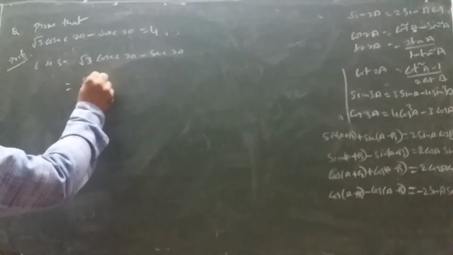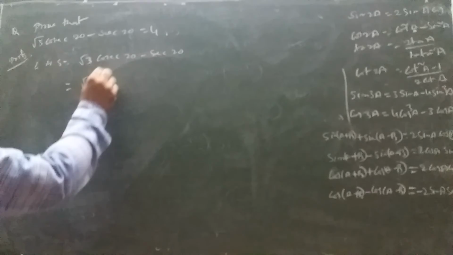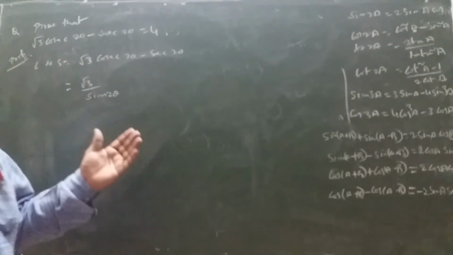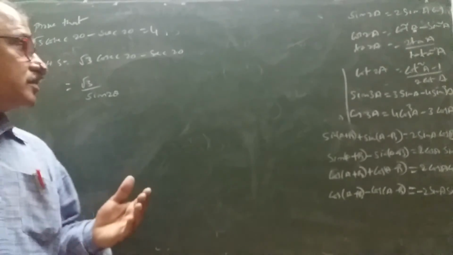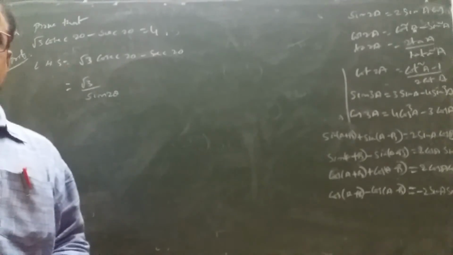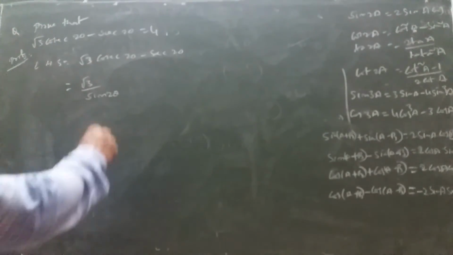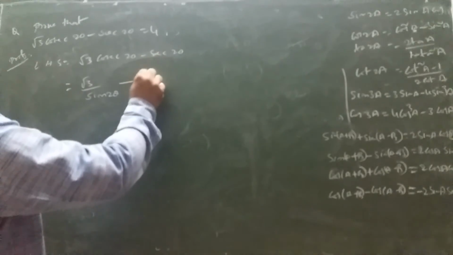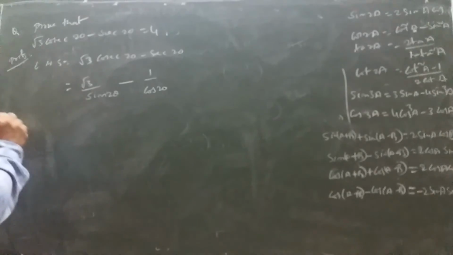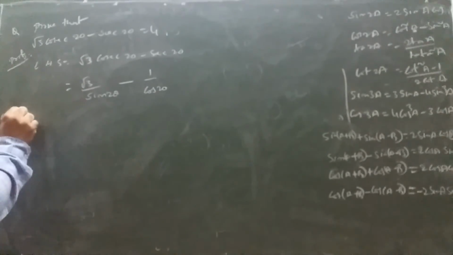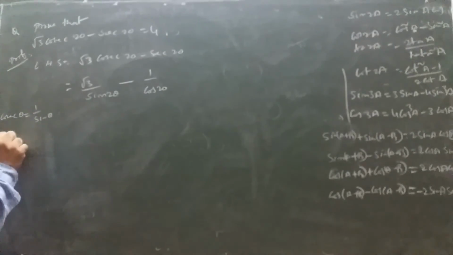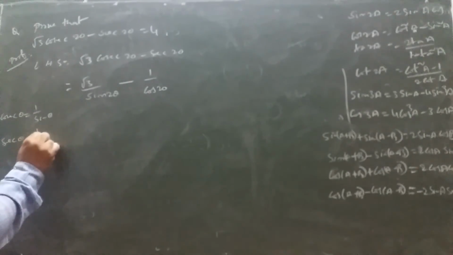That means root 3 by sin 20 minus 1 by cos 20, since cosec theta is equal to 1 by sin theta and sec theta is equal to 1 by cos theta.